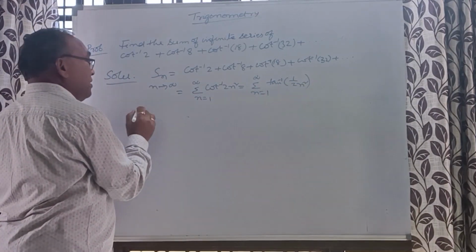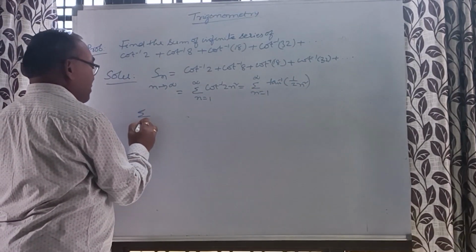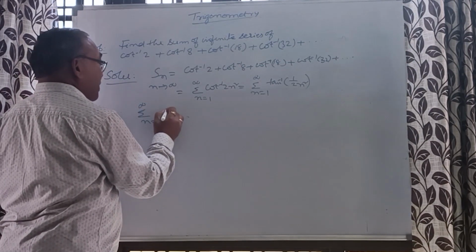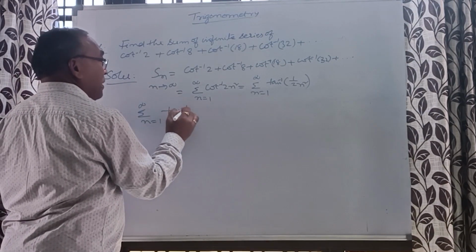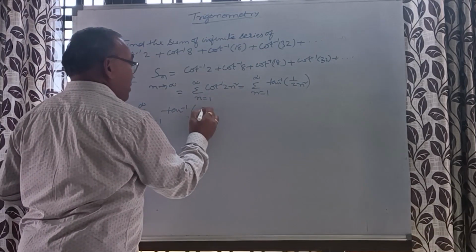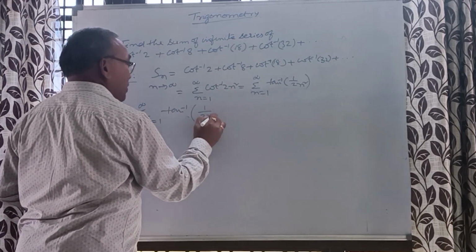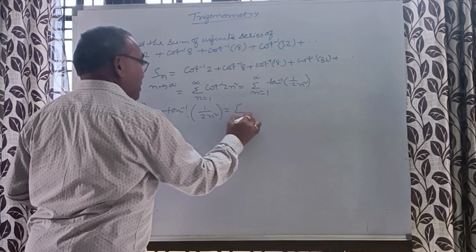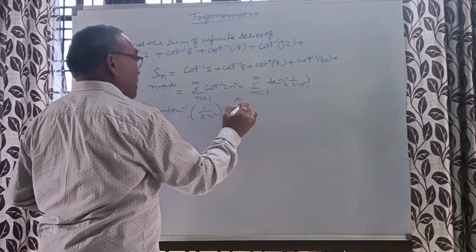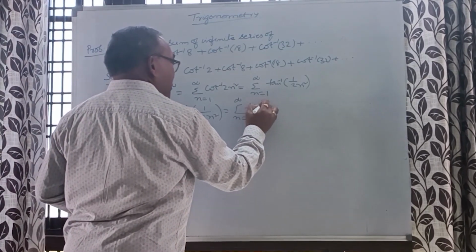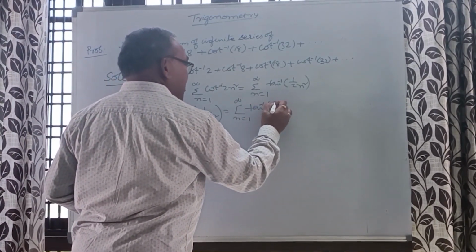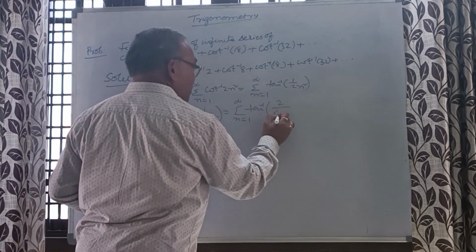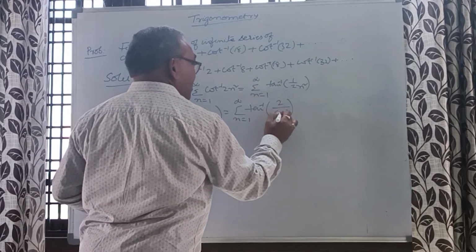Now this can be written as the sum from n is equal to 1 to infinity of tan inverse of 1 by 2n square, which is n is equal to 1 to infinity of tan inverse of this, multiplying numerator 2 and denominator also 2, so 4n square.